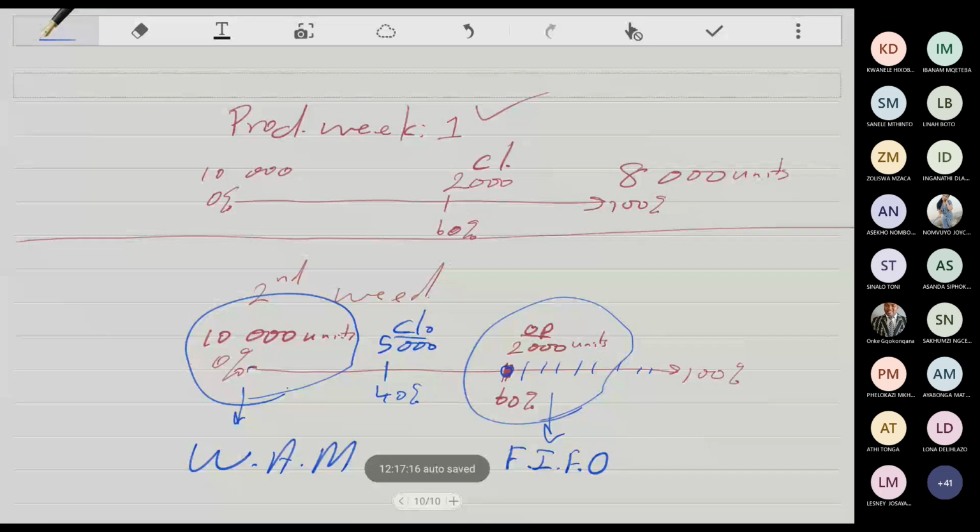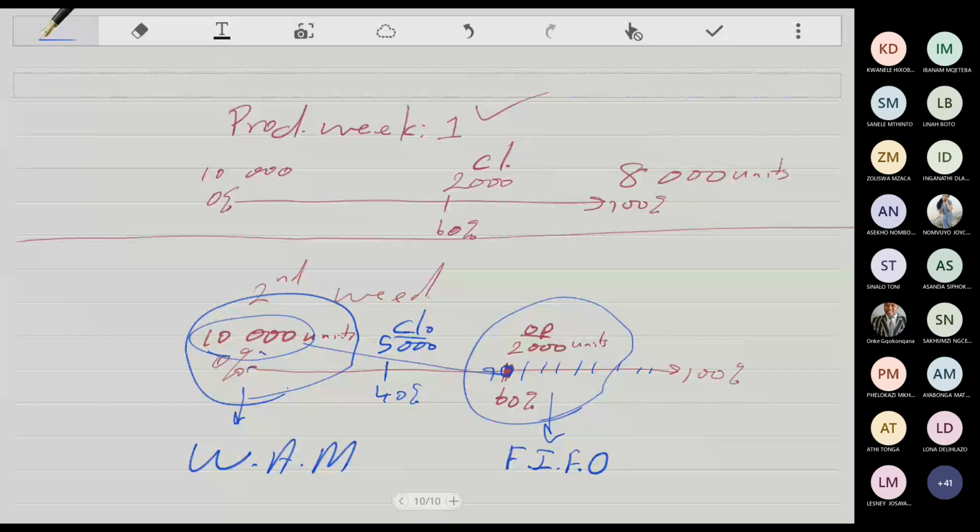Then we carry on with our production, with the assumption that these 10,000 units also reach 60%. Once the 10,000 units reach 60%, I will add the 2,000 units. So we've got a total now of 12,000 units at 60%.